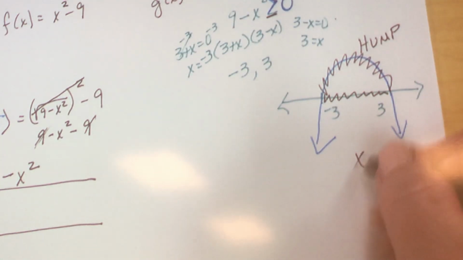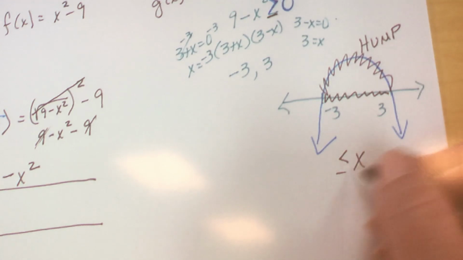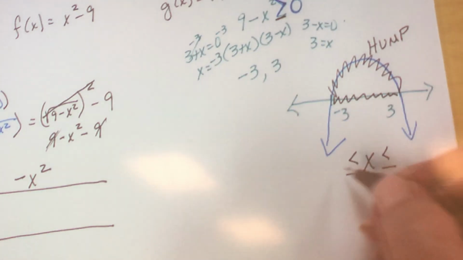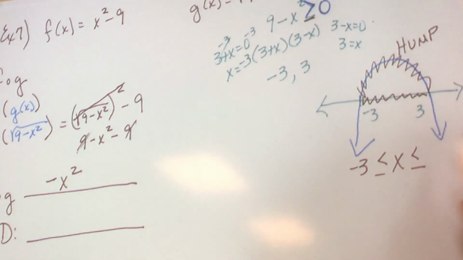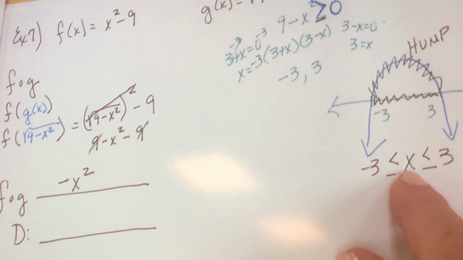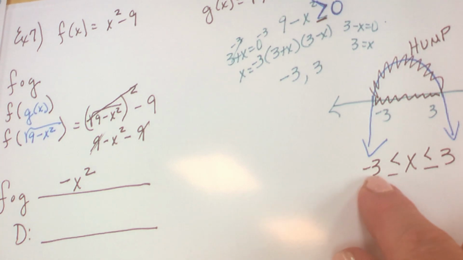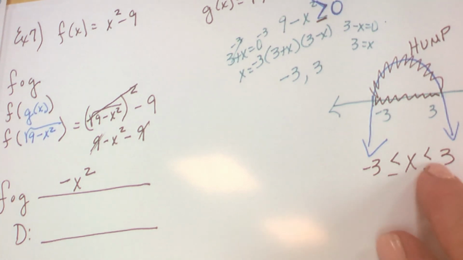So I'm going to put my x in the middle. I'm always going to point my arrows to the left, and that way, logically, my little number goes on the left and my big number goes on the right. It says I want the x's that are greater than or equal to -3 and less than or equal to +3.